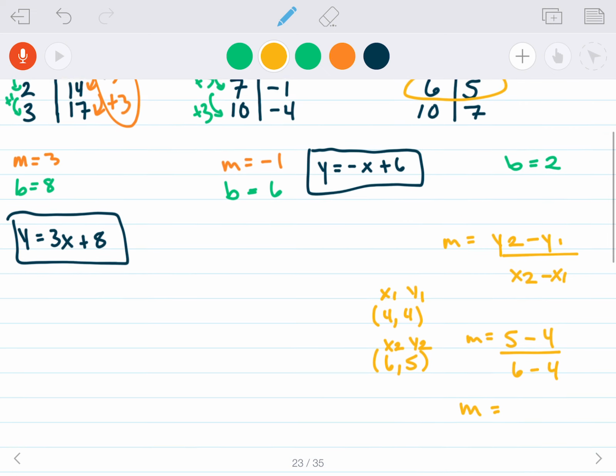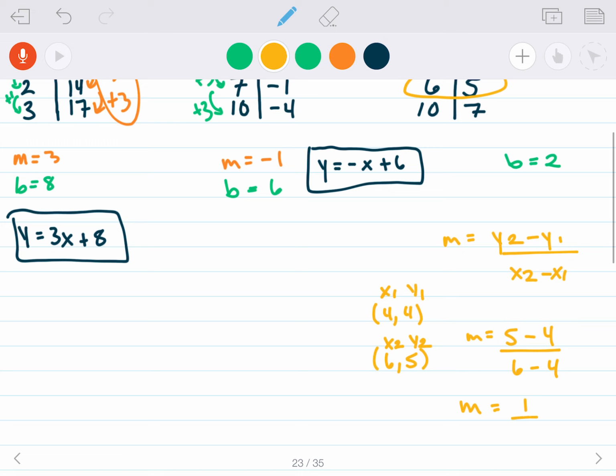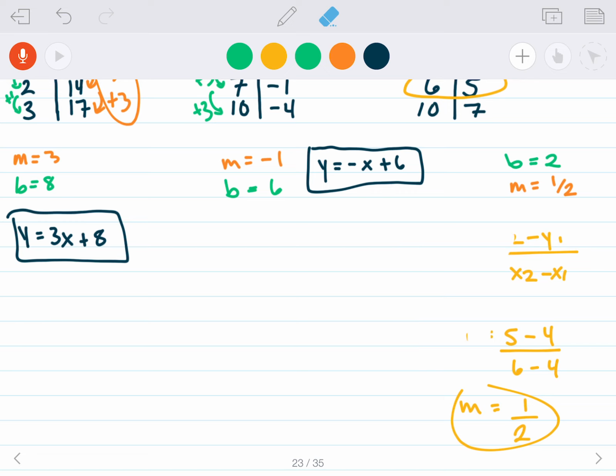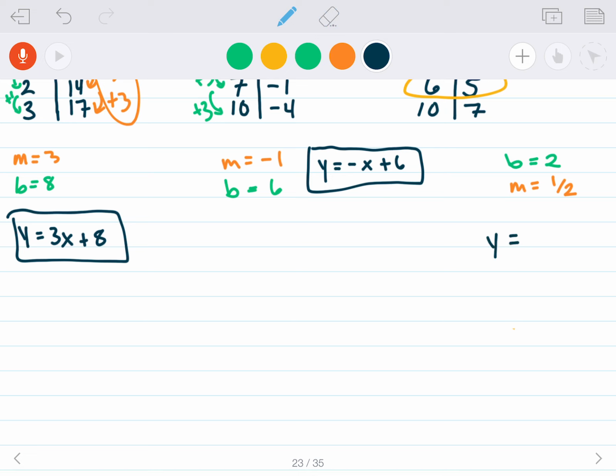So 5 minus 4 is 1, and 6 minus 4 is 2. So my slope is 1 over 2. And I can write my formula from here. So my formula is y equals m x plus b.